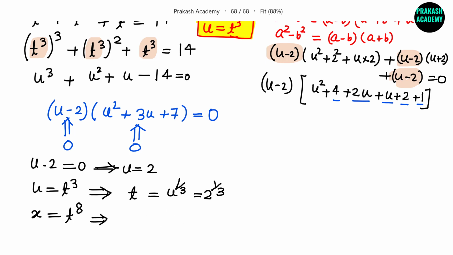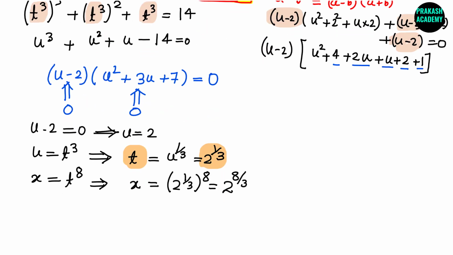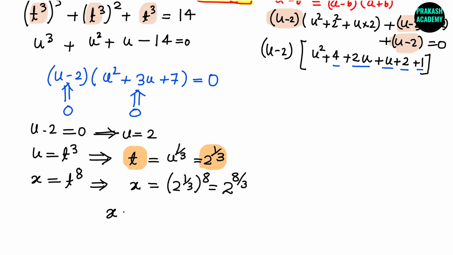Basically we know t, so x will be t raised to the power 8, and t is 2 raised to the power 1/3. So x equals 2 raised to the power 1/3 raised to the power 8, and by the rule of power you will have 2 raised to the power 8/3. So this is one solution.